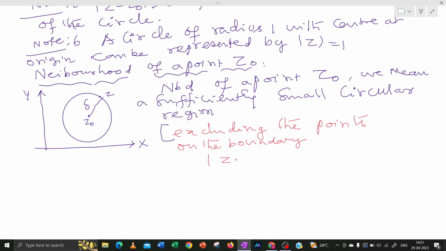That means mod z minus z naught less than delta.